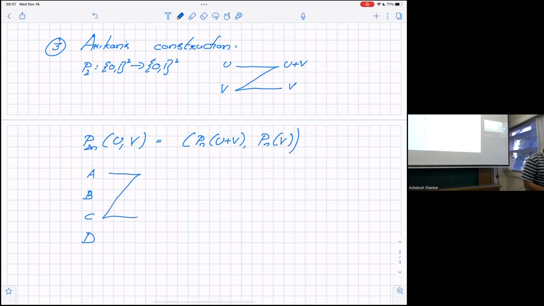We take A and C first, B and D first. So I get A plus C, B plus D, C, D, then I mix these two, I get A plus B plus C plus D, B plus D, C plus D.